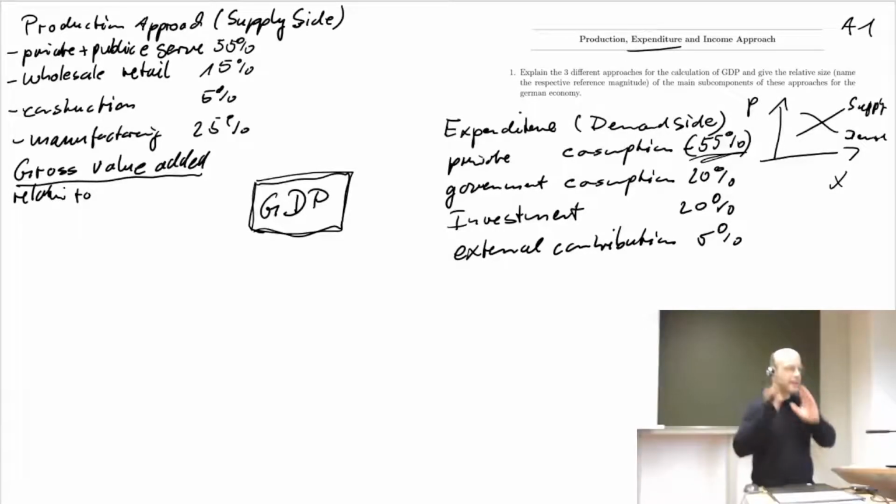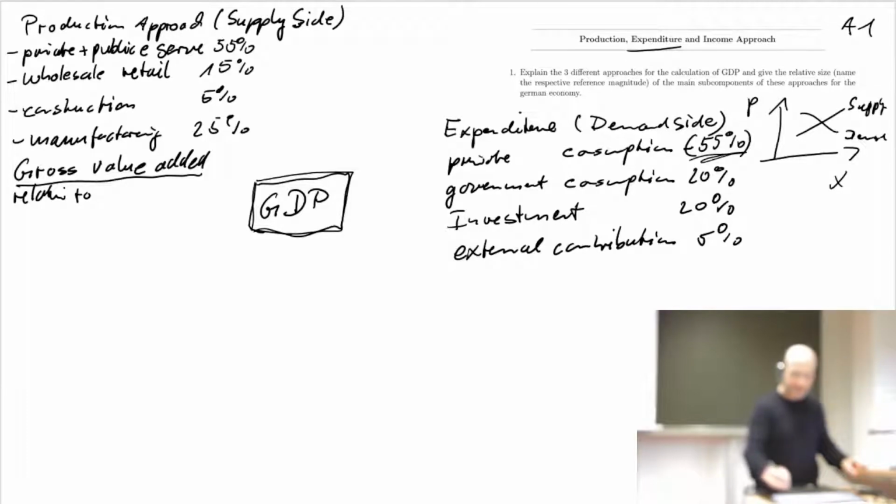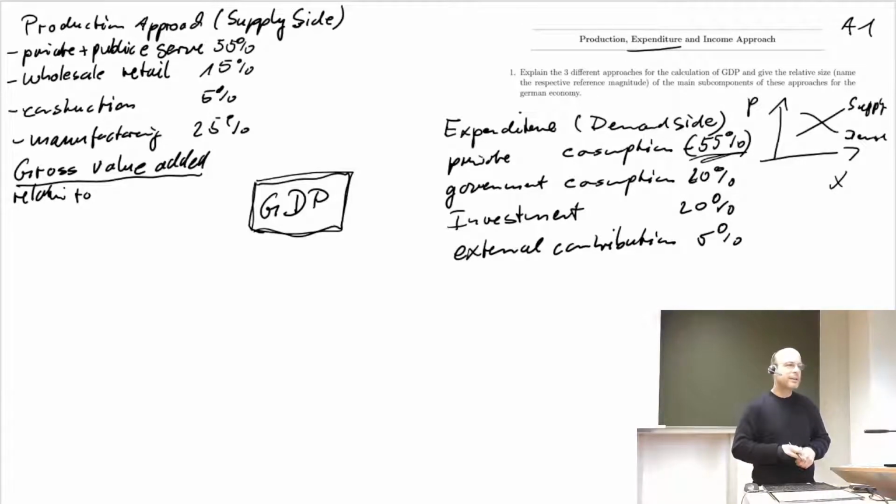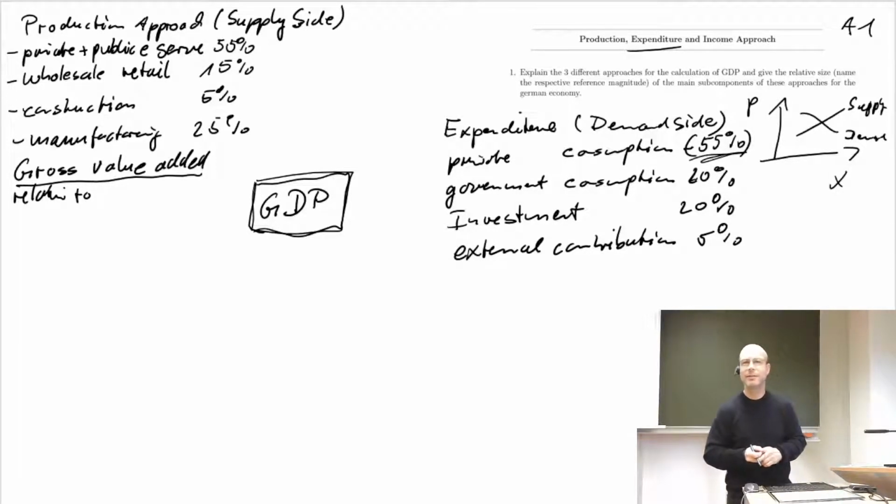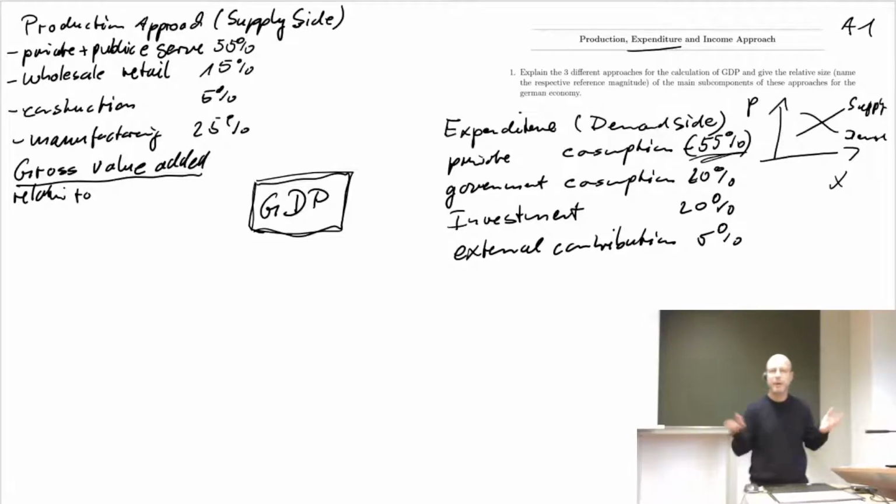So you can also say this is 50%, and then maybe this is 22 or 23 government consumption. What I want from you is that you know where the numbers on average are lying. So if I ask how large is the component of private consumption, then I don't want to hear a number like 20% or something.